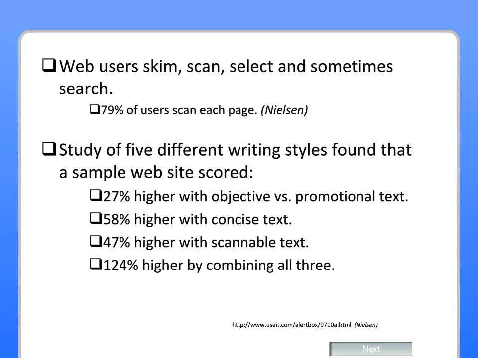Here are some statistics on how users or your audience access content. Web users skim, scan, select, and sometimes search. 79% of users scan each page.